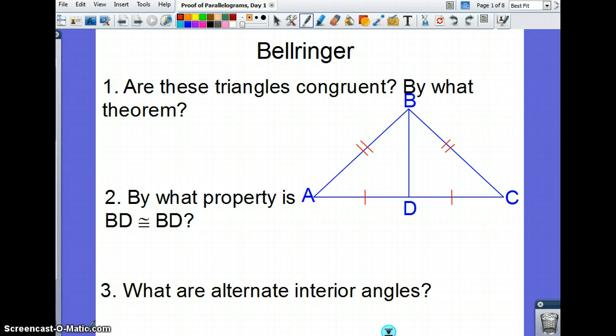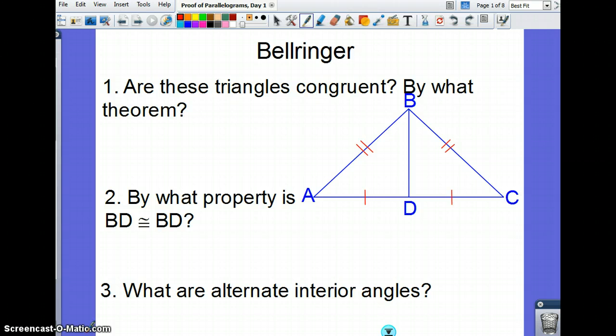So just to get your mind working on them, remember the triangle congruence theorems. We have side-side-side congruence, side-angle-side congruence, angle-side-angle congruence, and angle-angle-side congruence. Those were basically shortcuts to show that triangles were congruent. So if I could show that the three sides of a triangle are congruent to the three sides of another triangle, I didn't have to show that all the angles were congruent, because just having those three pieces of information was enough to show that the triangles were congruent.